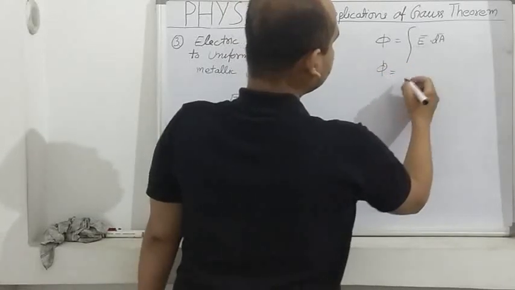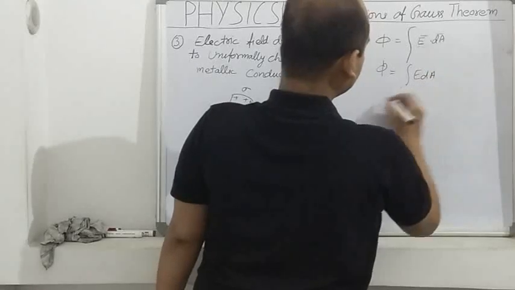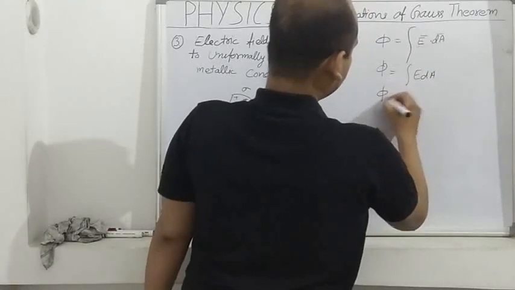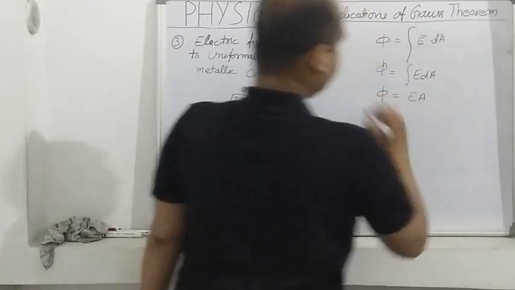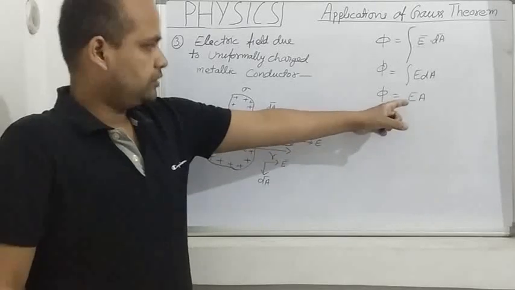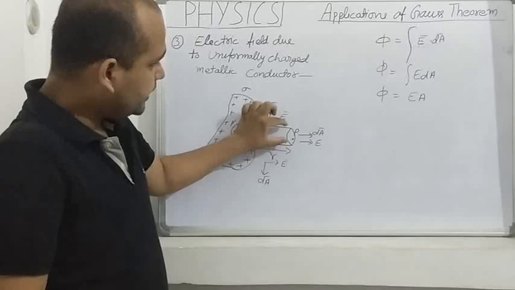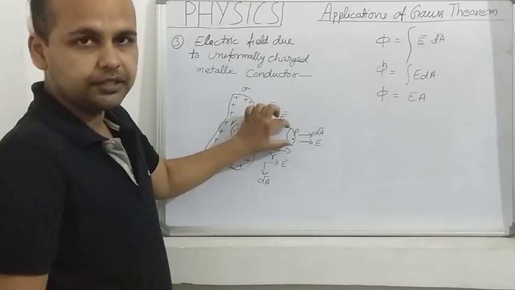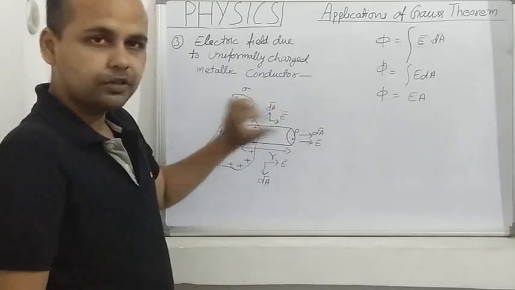Finally, we'll get phi is equal to integral E dA, and then we can say phi will be equal to E A. Okay. In EA, A is what? A is the area of this plane face only. Okay. A is the area of this plane face of the cylinder.